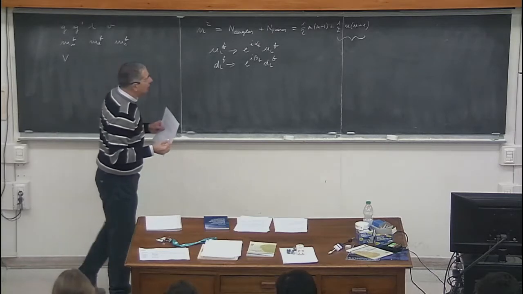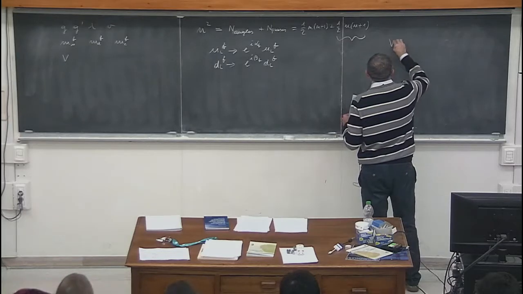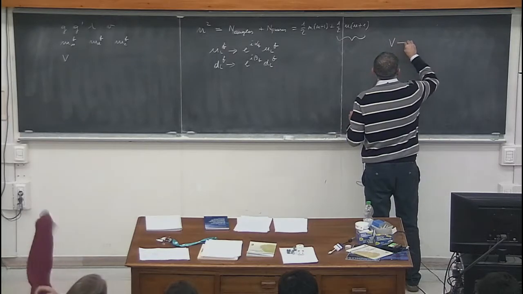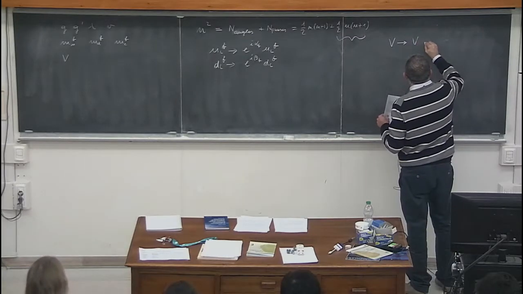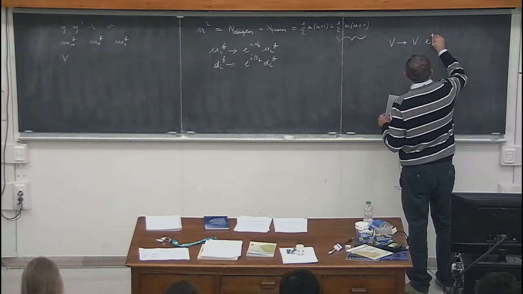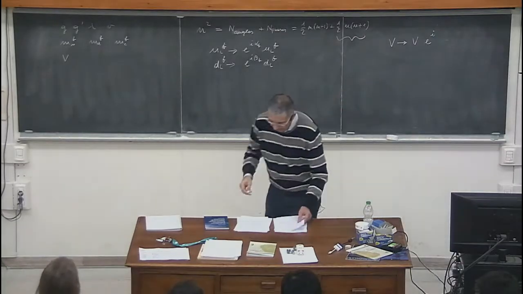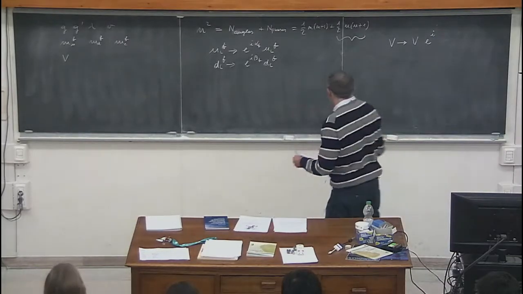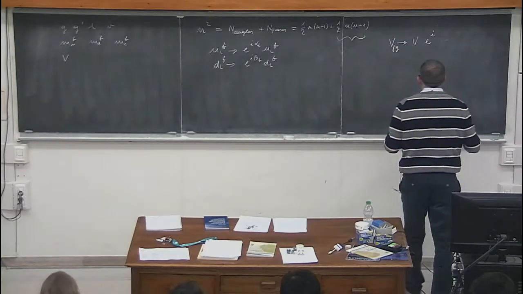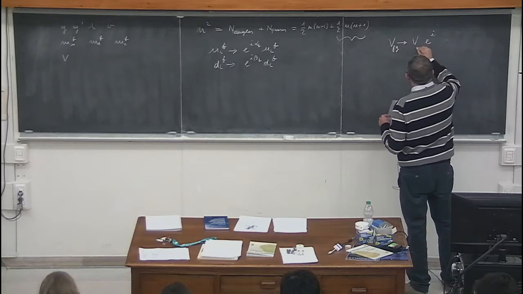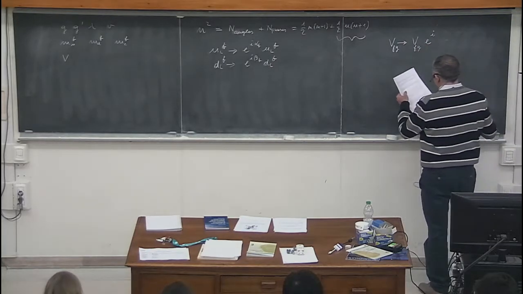that of transforming V into V times e to the i something. V_fg, the fg entry of the Cabibbo-Kobayashi-Maskawa matrix, is transformed into itself times the exponential of i times beta g minus alpha f.